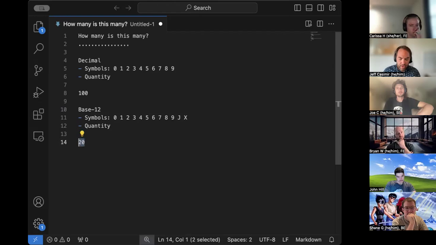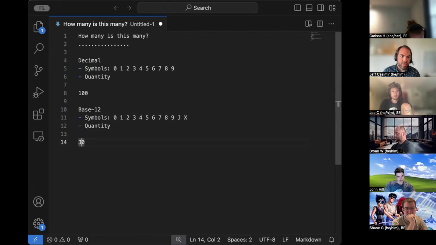We keep that pattern going. We maybe get up to 99. As 9 increments up, we don't return yet to 0. We go to J and then 9X. And then here, we still have more symbols for 9. So as X returns to 0, 9 becomes J, and then J1, J2, J3, J4, etc., J9, JJ, JX.